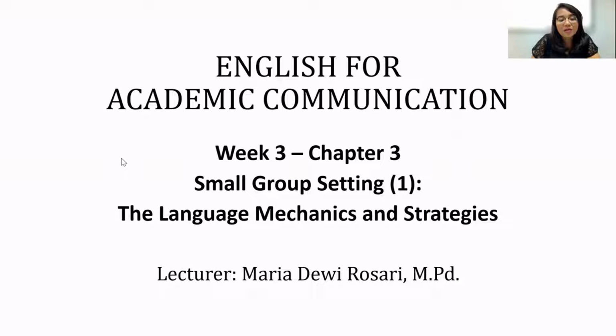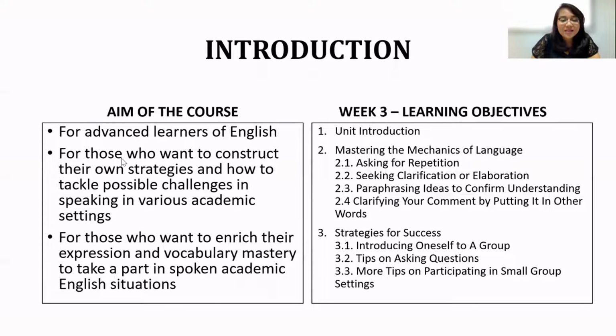Before we find out the material for this lecture 3, let's see the learning objectives that you will have in this lecture. So as you can see here, there are 3 main sections in this lecture 3. The first one is unit introduction.